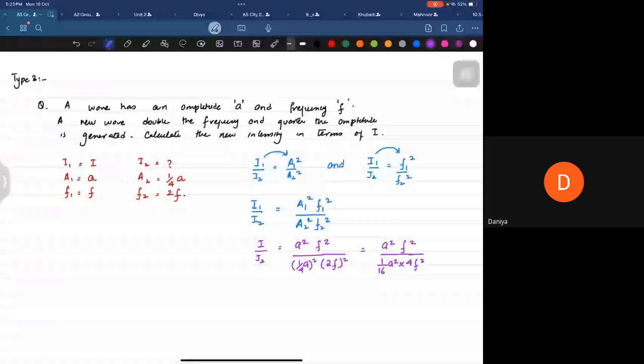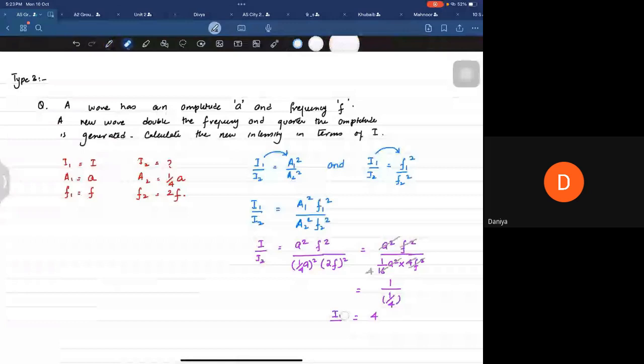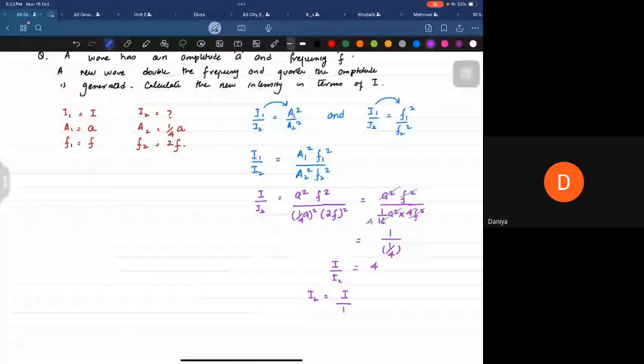And 4 basically cancels out with 4 here. Which means now we're only left with 1 over 1 upon 4. 4 will go on top. So now we have I over I2 in this form, which means I2 is going to be I upon 4.